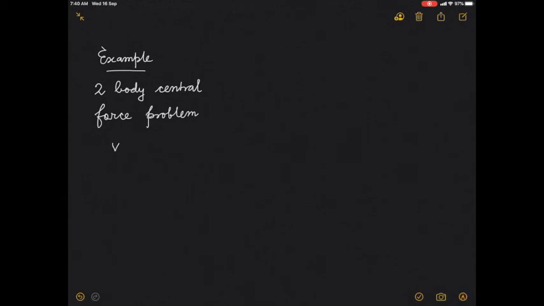So, central force means that the potential will depend on the separation of the two bodies only.